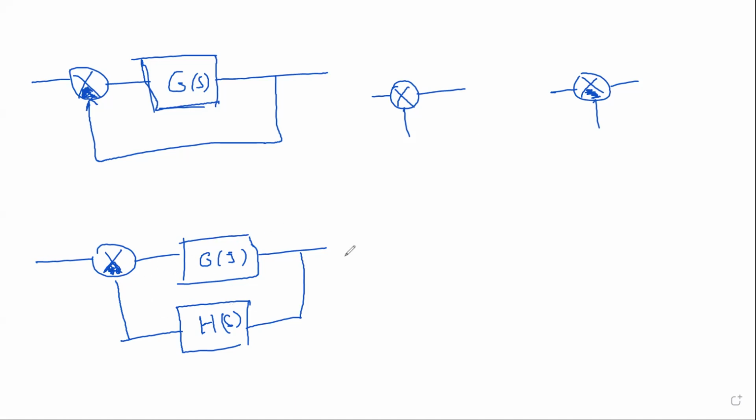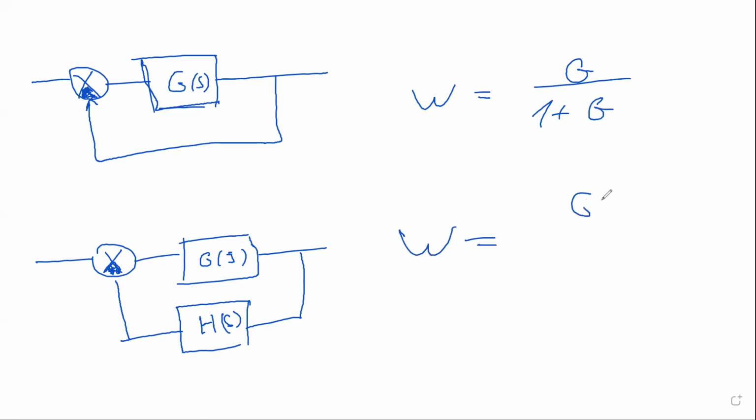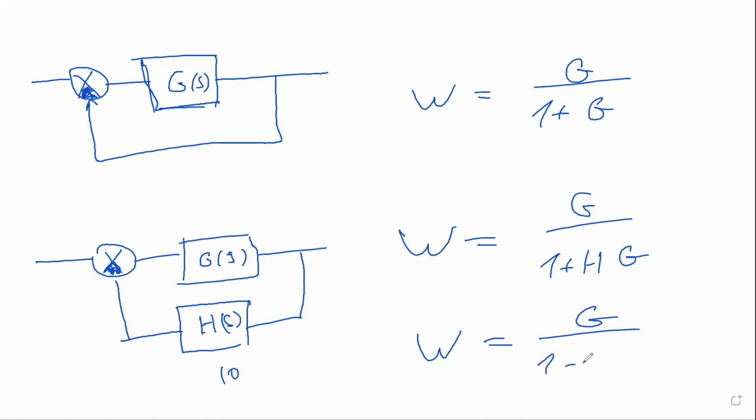But you remember this guy, right? For this guy, let me step back for a second. For this guy, the transfer function is this. For this guy, the transfer function is this. So let's say here we have just a gain. Let's say it is 10. So what we can have is this, right?